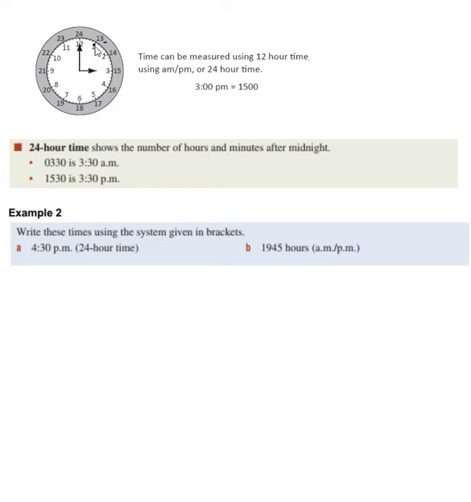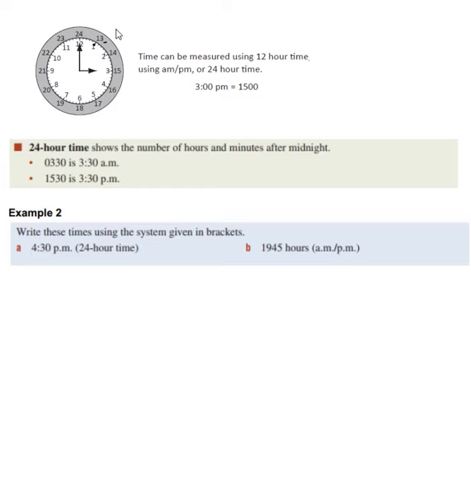So 1 PM in the afternoon would be 1300 hours. 2 PM in the afternoon would be 1400 hours. 3 PM in the afternoon would be 1500 hours, and so on until we got around to midnight, which would be 2400 hours. Okay, so just remember, all the PMs, if you look at the pattern, we've got 1, 13, 2, 14, 3, 15, 4, 16.